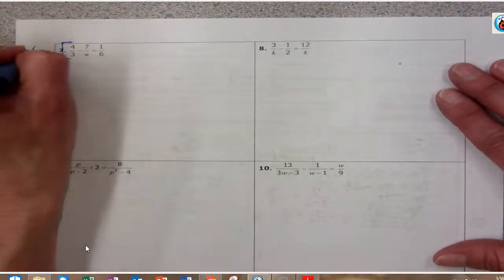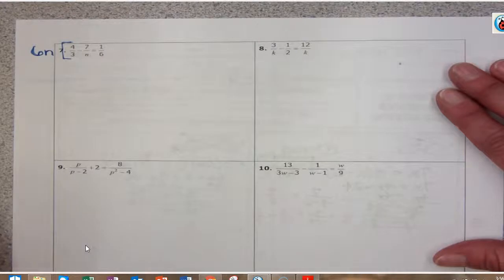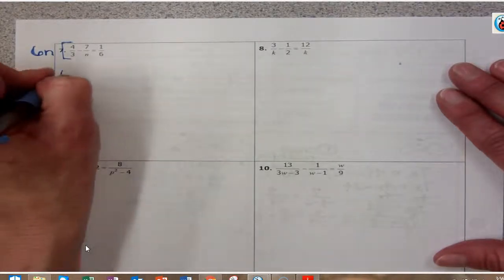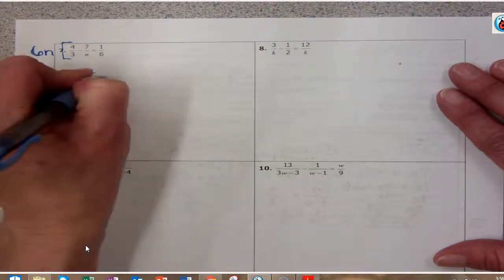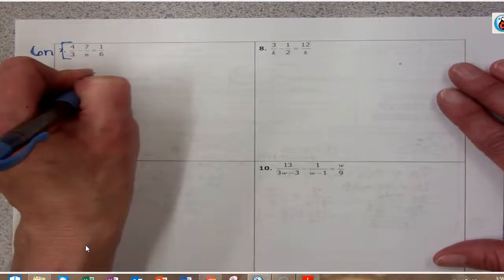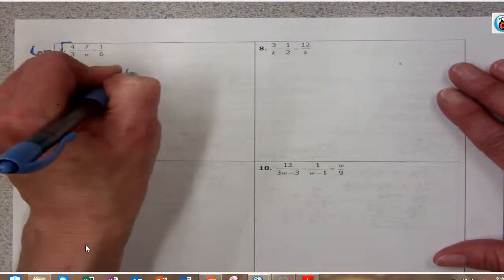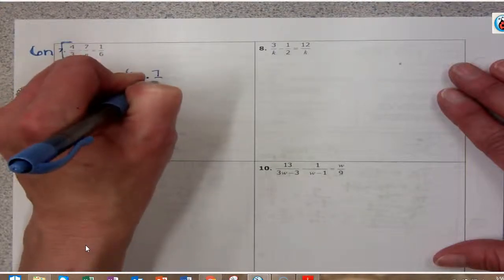I need to multiply everything by n as well. We're just going to get rid of those denominators. So I'm going to have 6n times 4 divided by 3 minus, and if you need to put the 1 under there, do that, minus 6n times 7 over n.